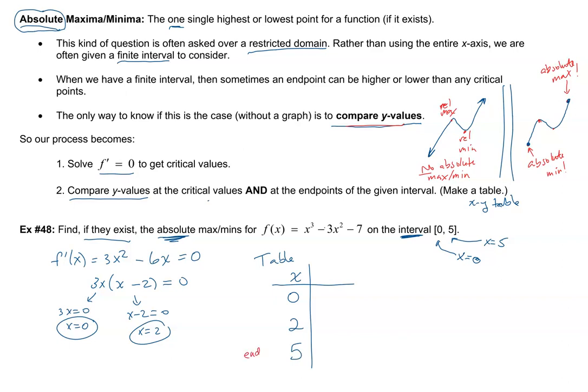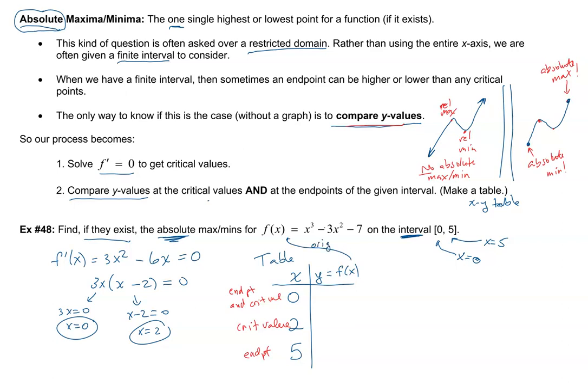So 5 is an endpoint only, 2 is a critical value, and then 0 is an endpoint and a critical value. It's both of those. So it's doubly important. And then where do we get y values from? We get y values from the original function.